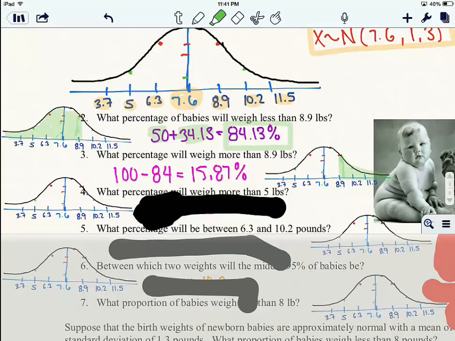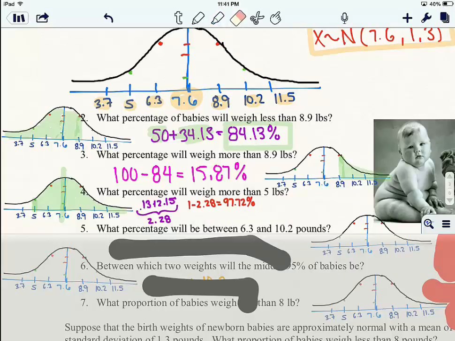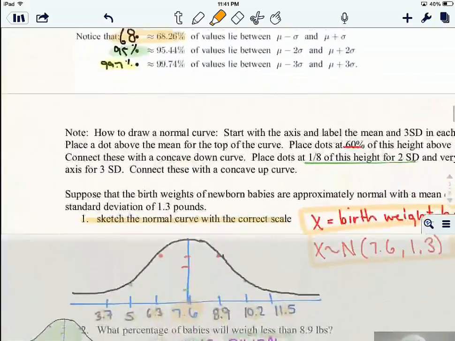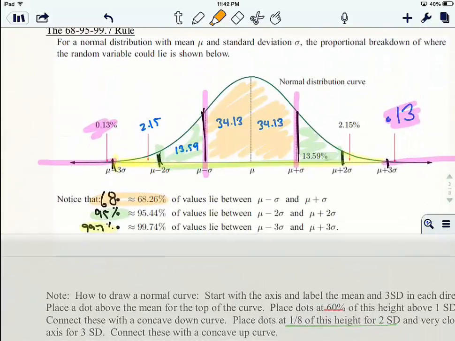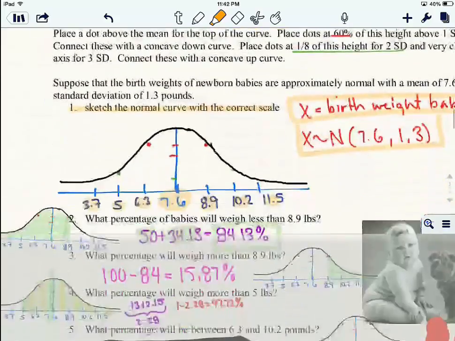Number 4 says what percentage will weigh more than 5 pounds? So we're at 5 pounds, and we're going to color. The good thing about the pictures is if you get a weird answer, so if let's say we got an answer here that was less than 50%, we'd know that wasn't correct because our graph is definitely more than 50%. Anyway, to get it, we could add up all of these pieces, going back to our curve here, 13.59 plus 34 plus 1.13, and so on.